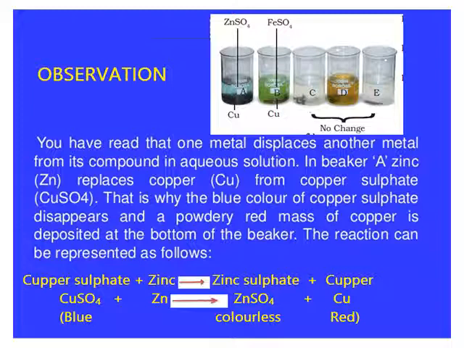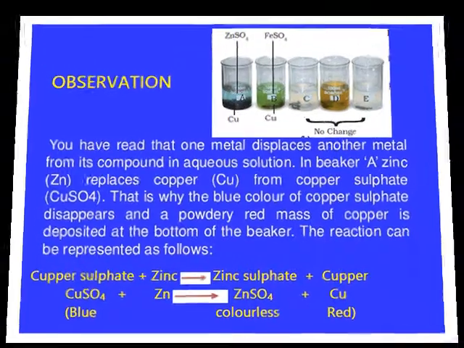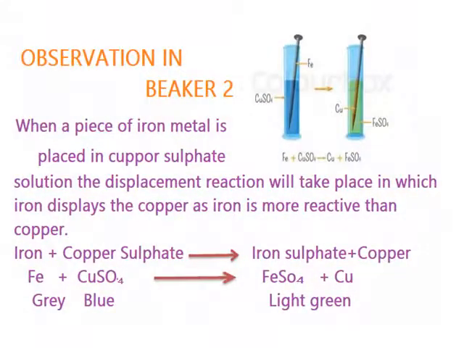We will see the results of the next beaker, beaker B. This slide explains what is happening in beaker B. Here the heading says 2, but it should be beaker B. A piece of iron metal is placed in copper sulfate solution.